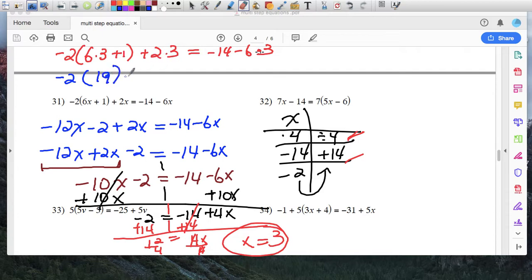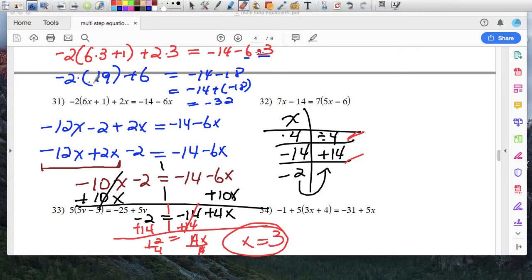These are two positives, so positive 6, 2 times 3 is 6. And this side is negative 14, and negative 6 times 3 is negative 18. This one is easier. Negative 14 minus 18 is negative 14 plus negative 18, and that's going to give us negative 32. So hopefully we get negative 32 on the other side.